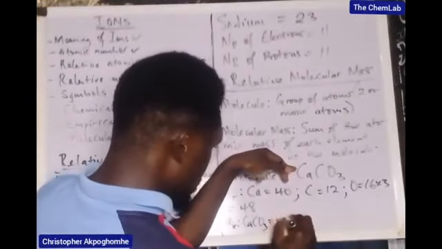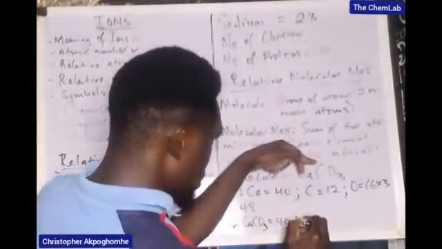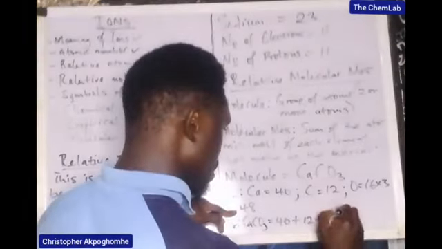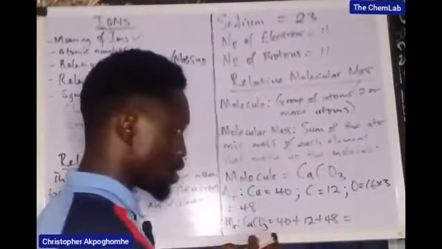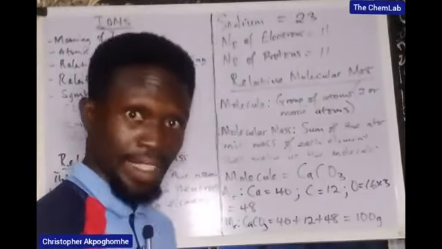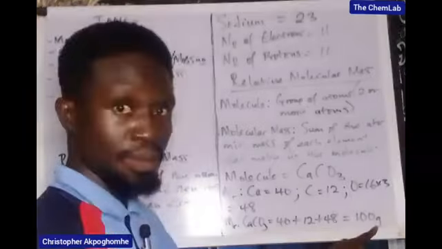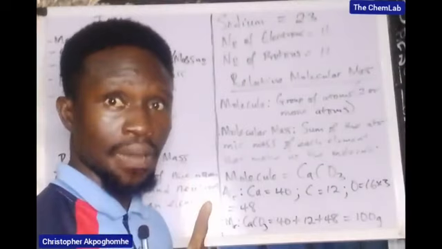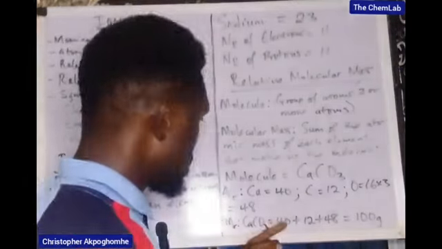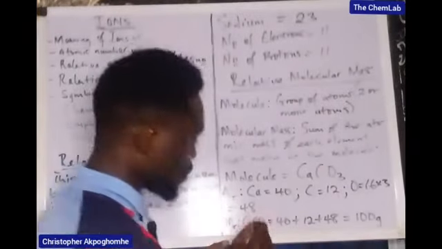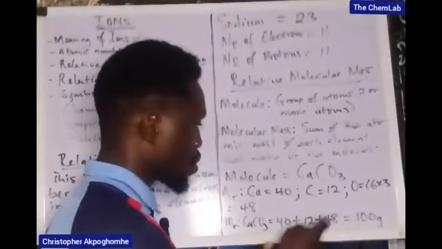Ca is 40 plus C is 12 plus O is 48. When we sum this up, it will give us 100 gram. Remember, it's mass, so the unit is gram. The same thing with atomic mass, the unit is also gram.